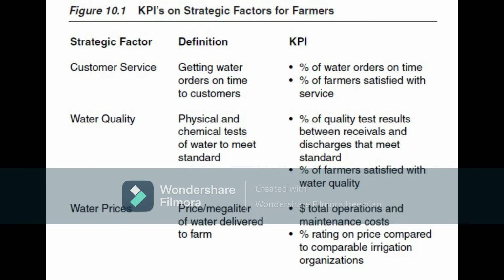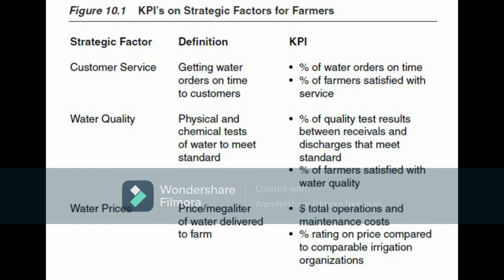As one of its objectives, Griffith Irrigation seeks to grow revenue. To do this, it has to do well on strategic factors relevant to farmers, like, as we have stated, customer service, water quality, and water prices.